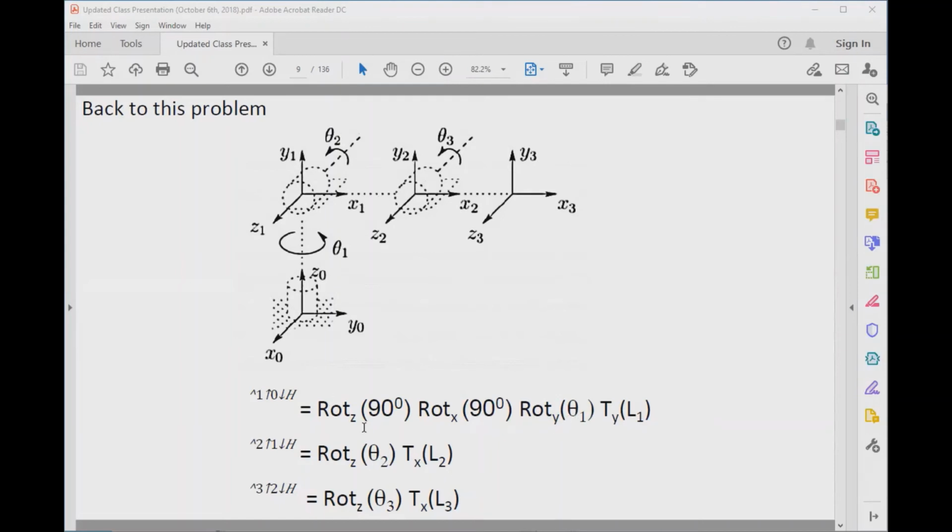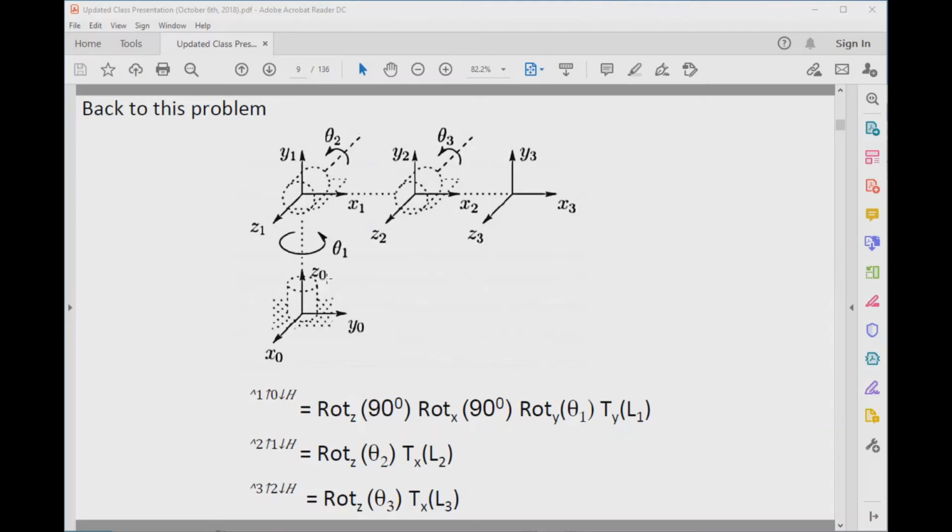I'm going to redo this one more time so it's all clear. I rotate about z by 90 degrees. Now x0 is in that direction, and y0 is toward the other direction. Now if I rotate about x by 90 degrees, my y0, which was in that direction, is now pointing along y1. So now I have the right orientation. After the first two operations, my frame looks like the second frame.